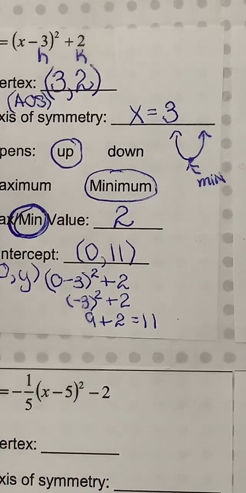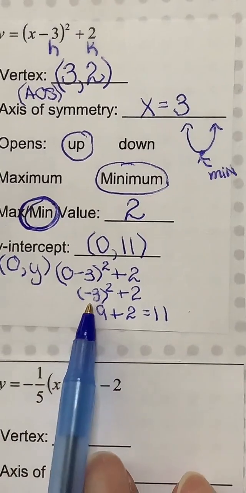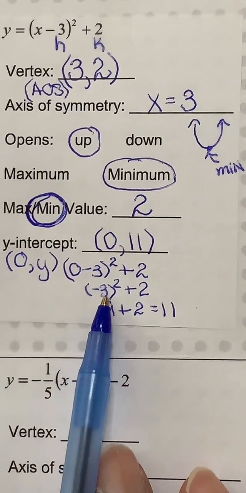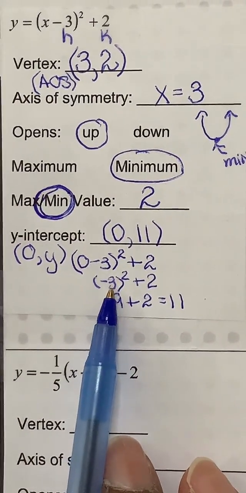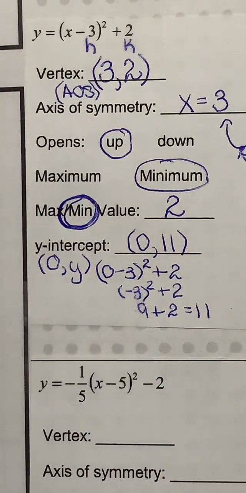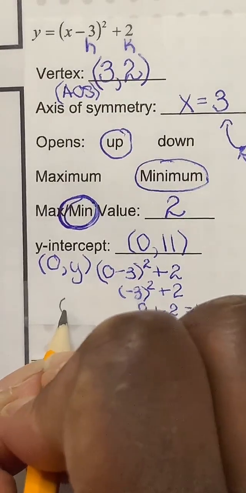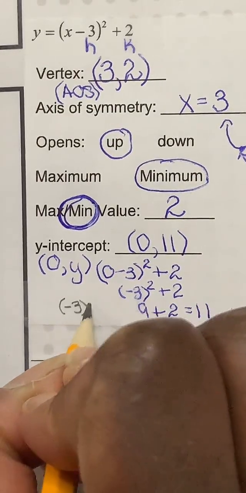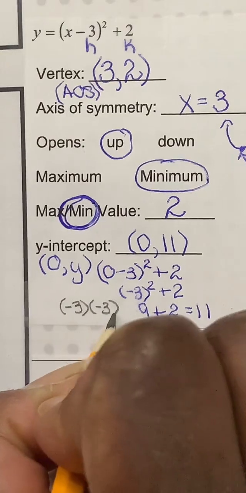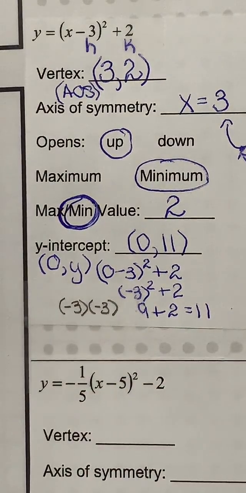This is a coordinate. Yes, my vertex is the coordinate for the h and the k. Yes, it is. Why don't you add negative 9? Okay, because negative 3 squared is the same as saying, let me put it off to the side and I'll write it in pencil, negative 3 times negative 3.